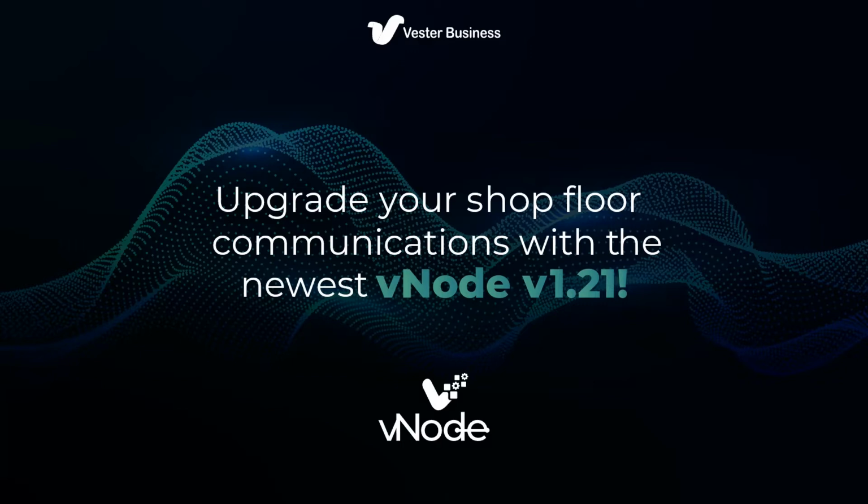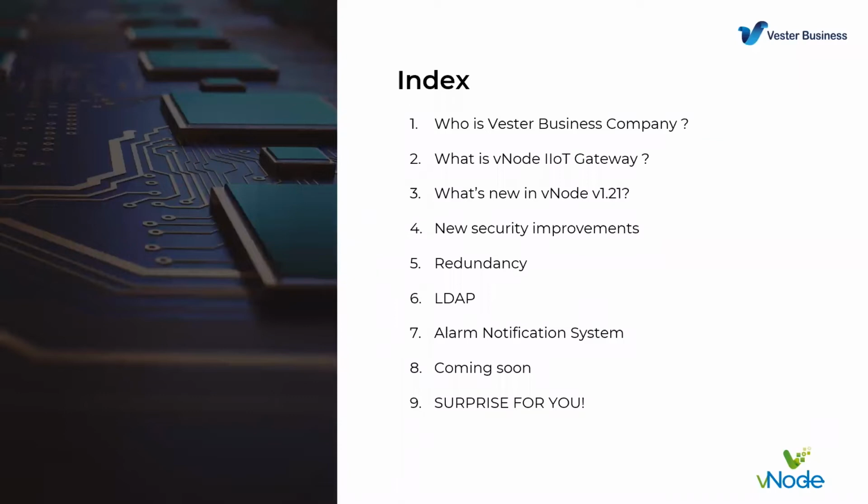Let's start with the agenda. First, let's talk about who is behind vNode Automation software, the company that is the vendor of this platform, which is Vector Business. We are going to talk about vNode IoT Gateway, a brief explanation of what it is.